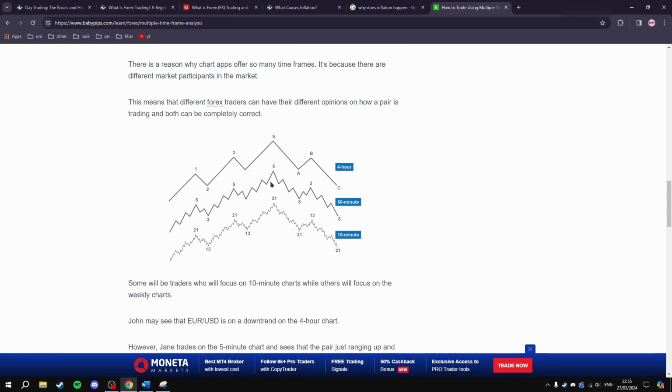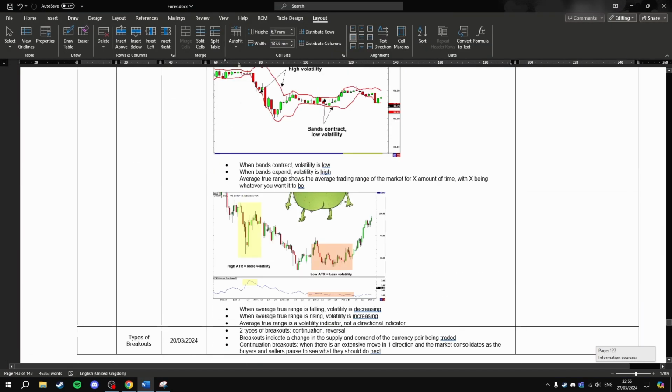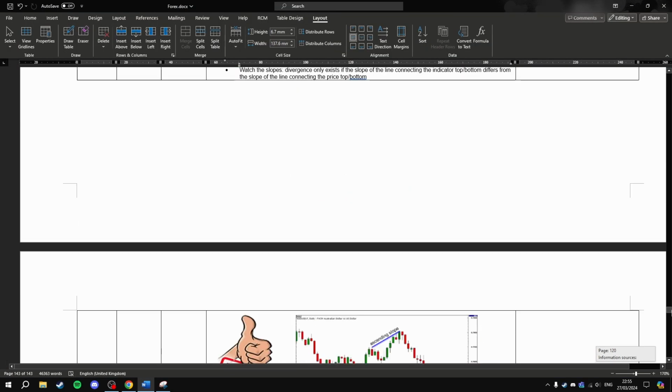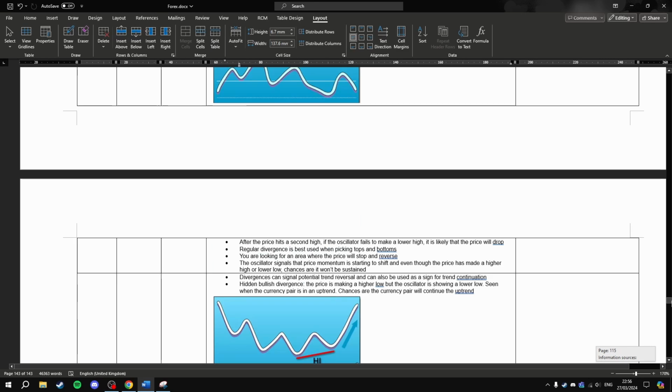This is the thingy, isn't it? What's it called? It's like one goes into each other as well.